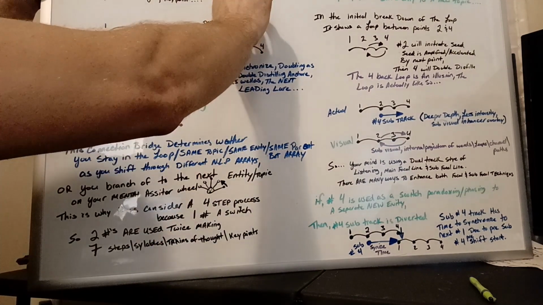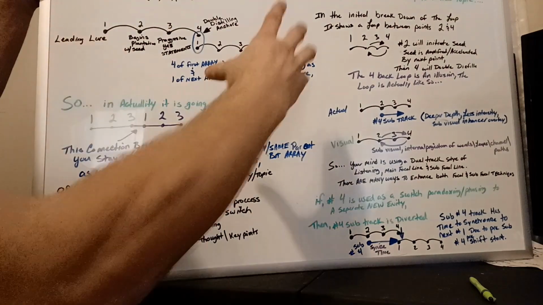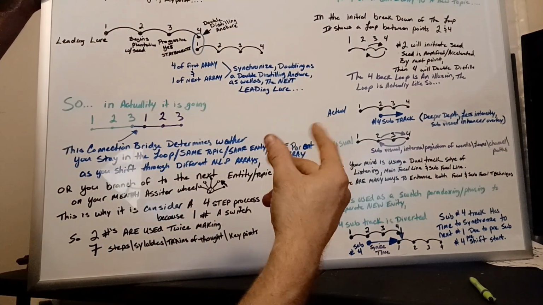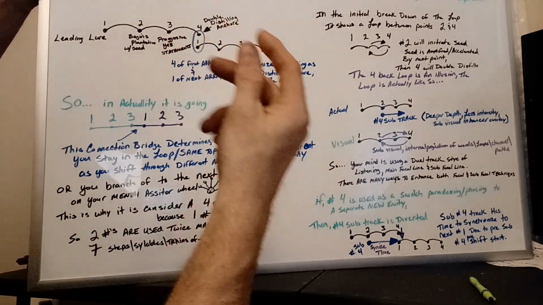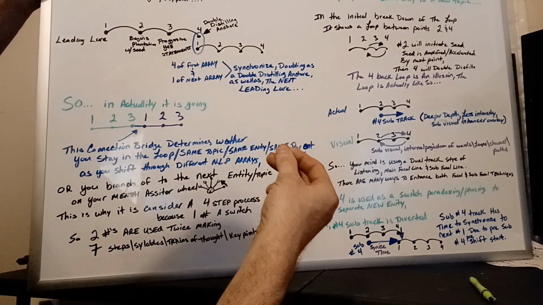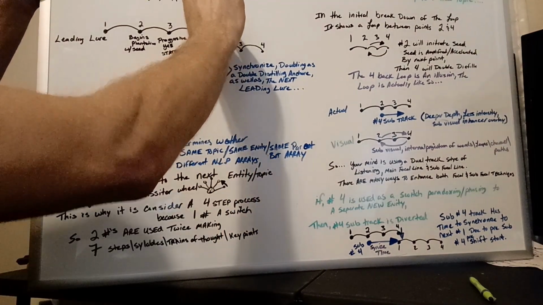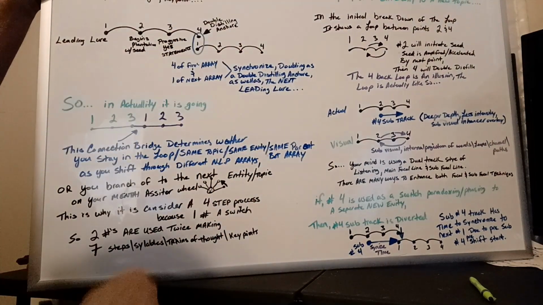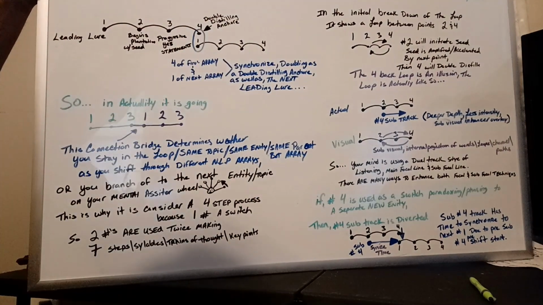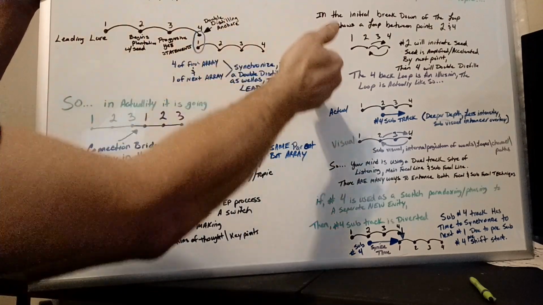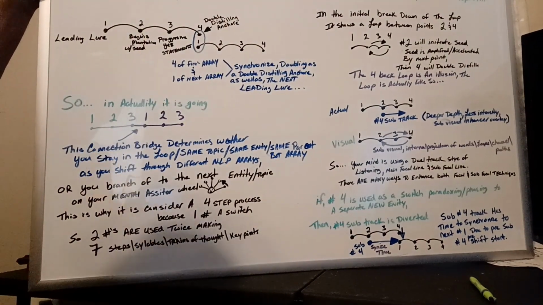So you take the double distilling anchor and a leading lore, you synchronize the two phrases, comments, trains of thought together, and you're going to get something that you could use in both scenarios. And now when you get something that you could use in both scenarios, boom, 1 and 4 come together, and that's 3, okay? So that's going to make the first step in the next series.